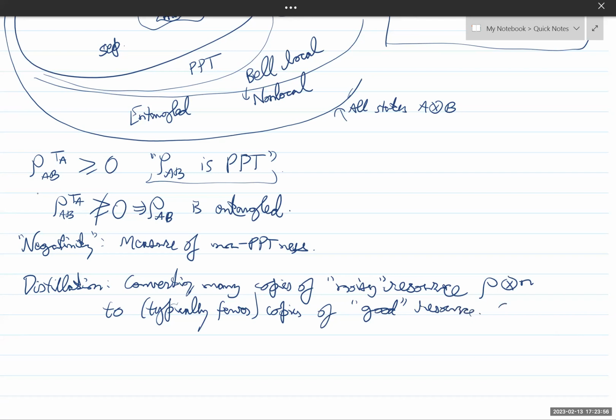So something like in the entanglement case, it would be like a Bell pair or something.